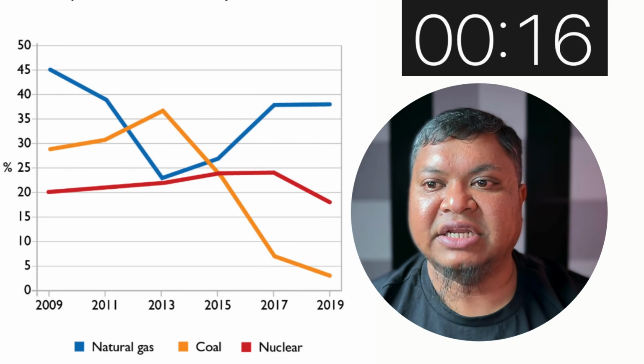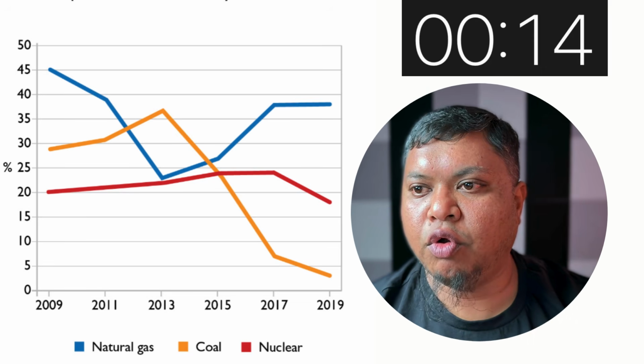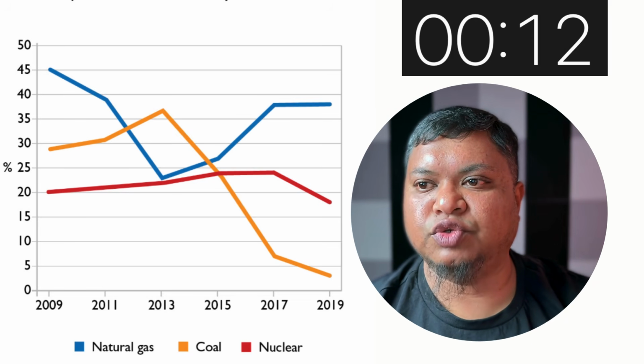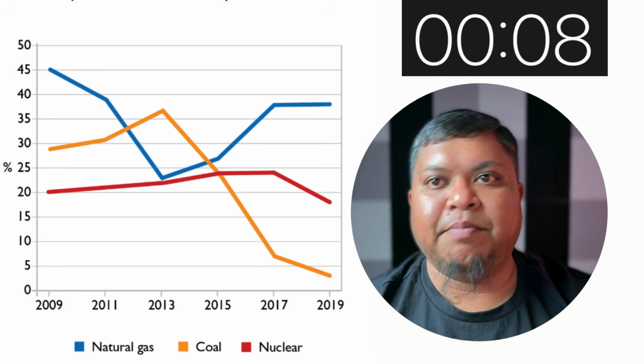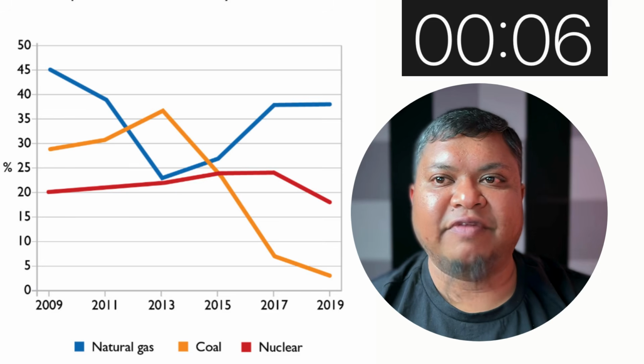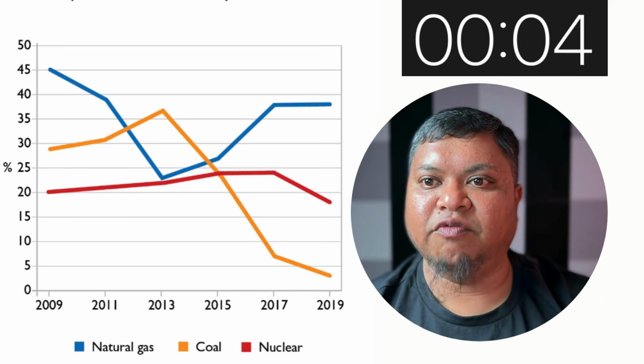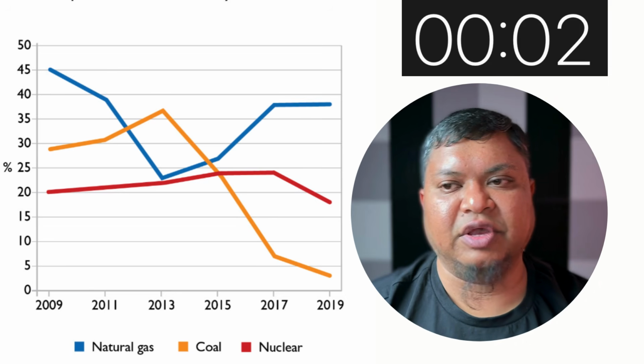On the other hand, the lowest source was from coal in 2019, which was about 2.5%. In conclusion, it must be noted that there were good fluctuations between the sources over the years of 2009 and 2019.